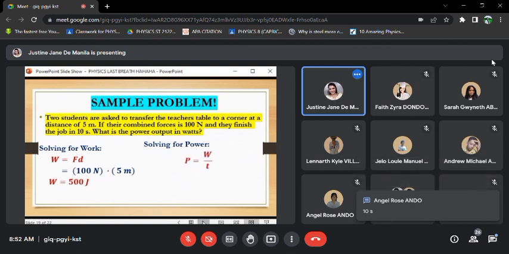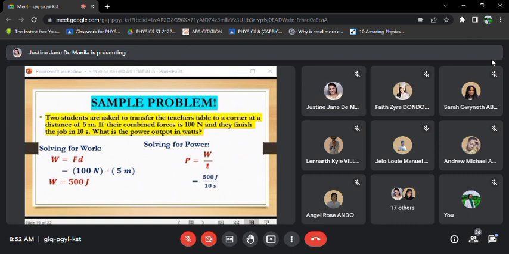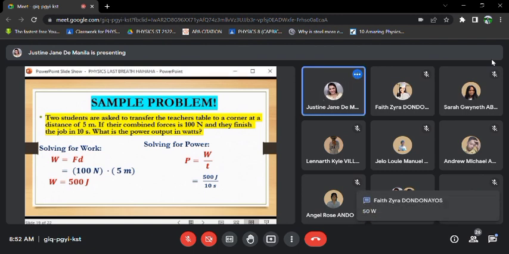Okay. So now, we substitute the given, class. So we have 500 joules divided by 10 seconds. So how much, class? 50 watts, Faith.